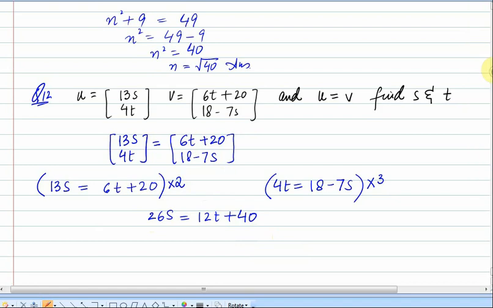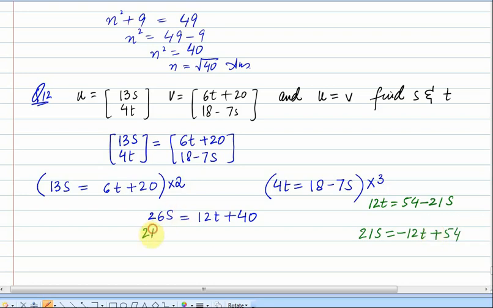For the second equation, I am using the green pen. When I multiply the second equation by 3, it will be 12t is equal to 18 times 3, it's 54, minus 21s. I will arrange my equation in this format, so I will shift minus 21s to the left side. It will be 21s plus 12t is equal to 54, and I will place the same equation here.